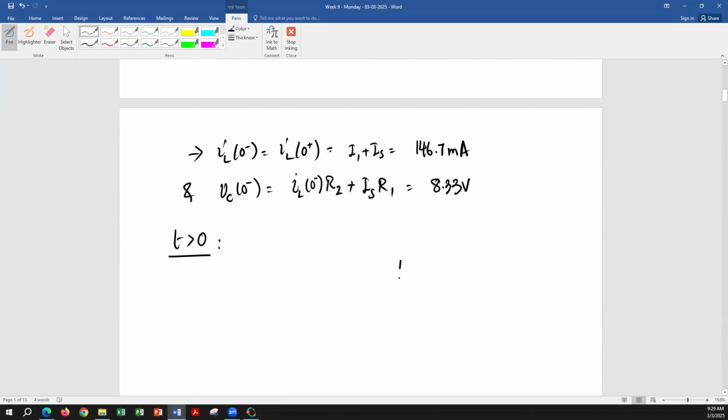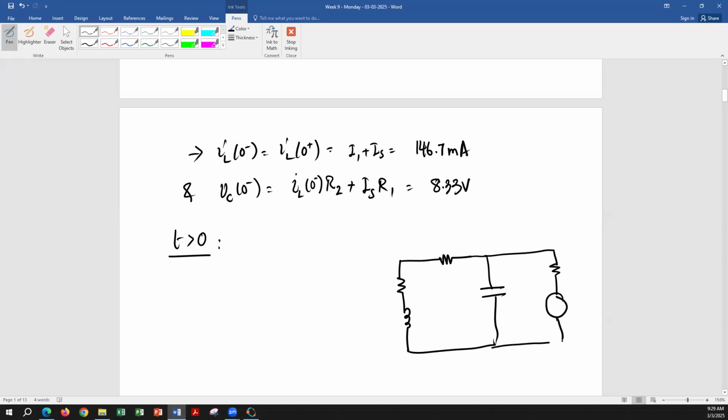R2, L, R1, capacitor, and R4. So this is the circuit that is left after t greater than 0.